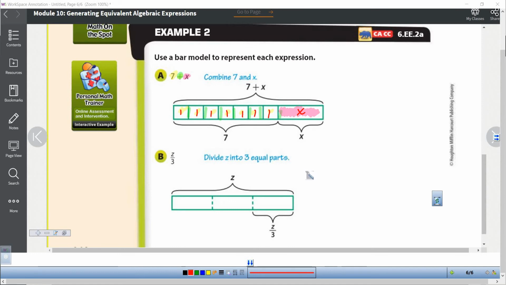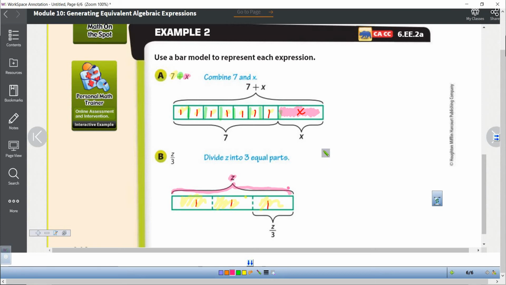All right, what about this one? z divided by 3. Well, again, each of these represents 1. Now the entire length is z. We don't know how long z is. But however long z is, or whatever its value is, we're going to divide it into 3 equal parts.